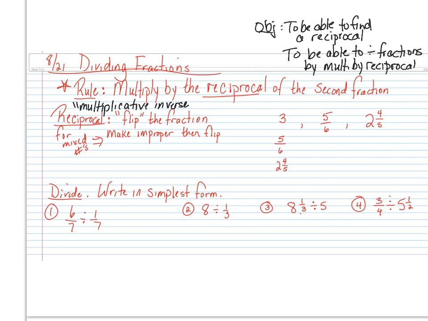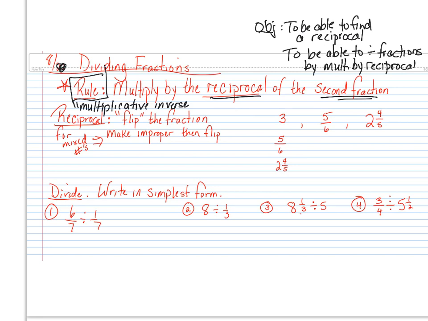Okay, this is review again. We have to know that when dividing fractions, the rule states that you are going to multiply by the reciprocal of the second fraction. So do not touch the first fraction.